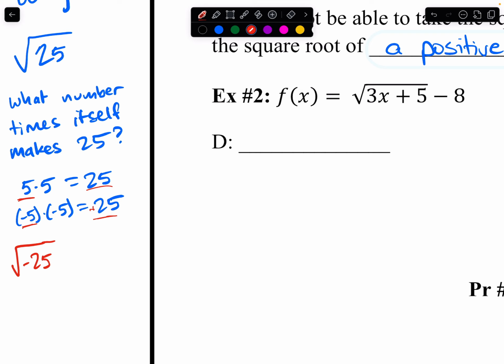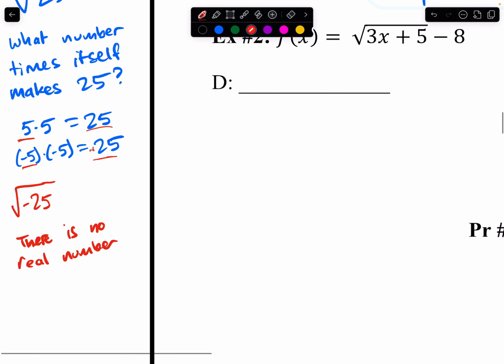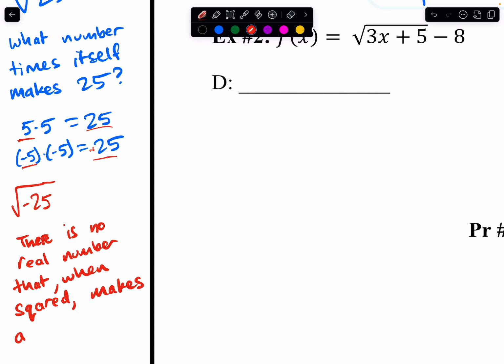In fact, there is no real number that when squared, or when multiplied by itself, makes a negative.